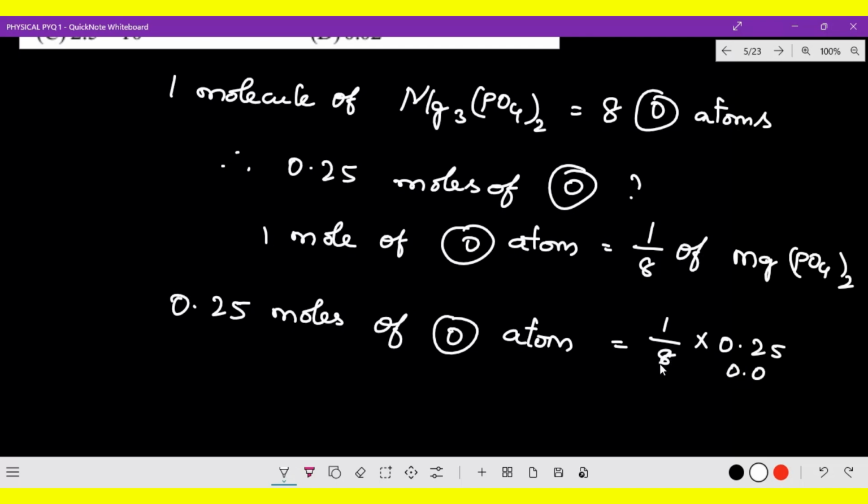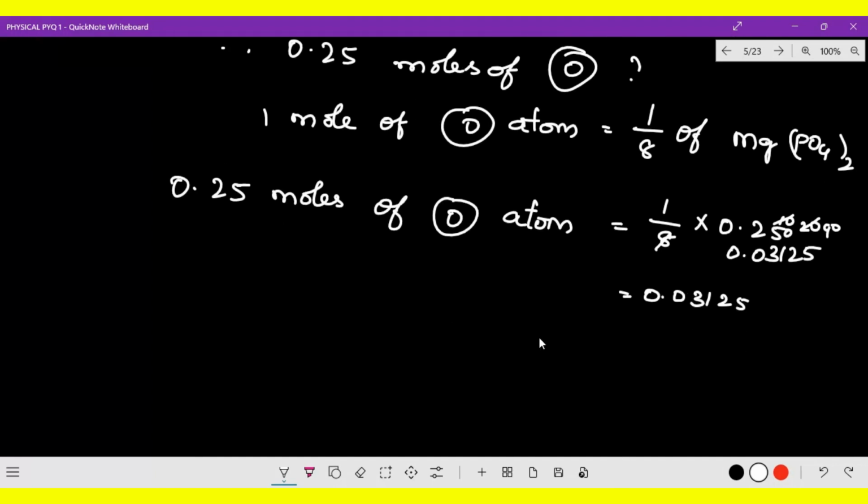So 8 ones are 8, 8 threes are 24, right? So this is 250, and 8 ones are 8, 8 twos are 16, and 8 fives are 40, so you will get the answer 0.03125.